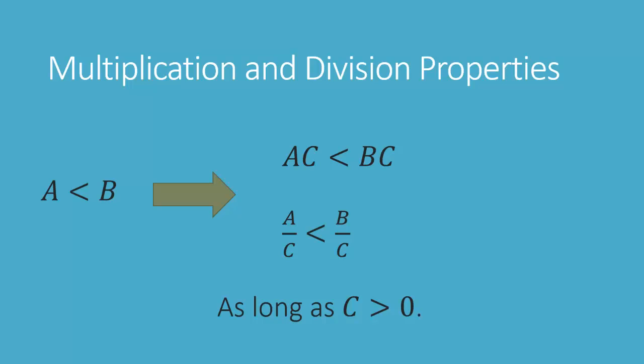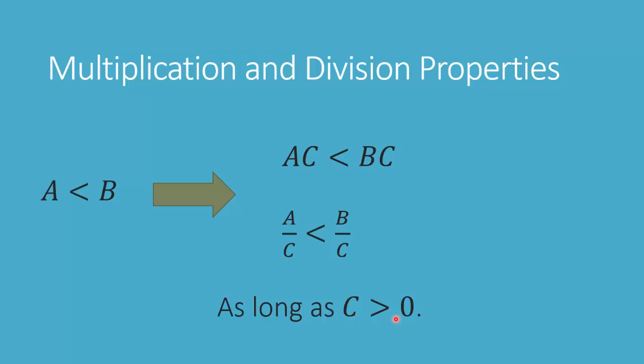Now this comes to another part that's going to be a very big difference with inequalities compared to equations. With equations, for multiplication and division, it stays almost exactly the same. If a is less than b, we can just multiply both sides by c or divide both sides by c, and the relation still stays the same as long as c is greater than 0. It used to be as long as c wasn't equal to 0.